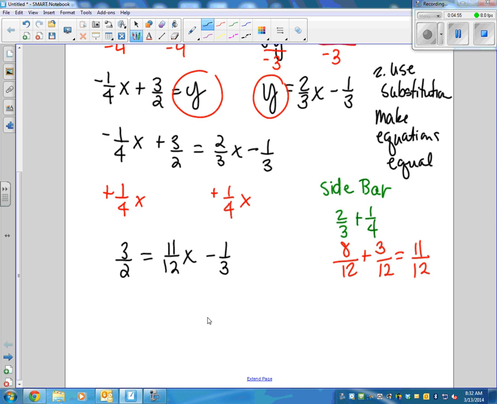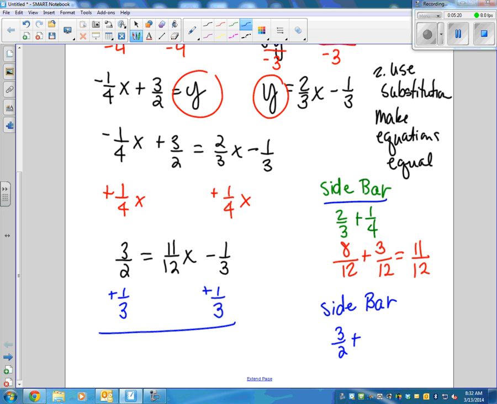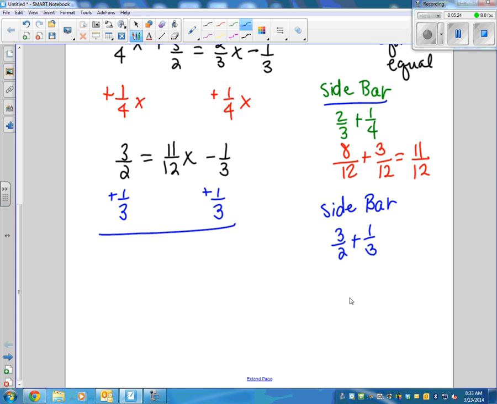Okay. What's my next step? I'm going to add 1/3 to the other side. Remember I have to keep going until I get x by itself, right? All right, now I have another sidebar. I have to now add 3/2 to 1/3. So 3/2 plus 1/3, and I think I heard Yasmin say, what's it going to be? 6.